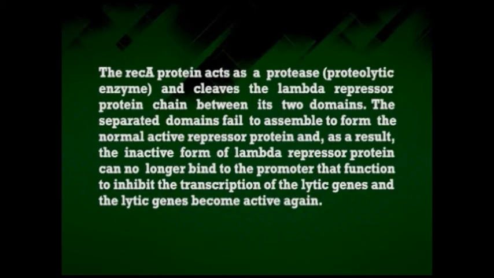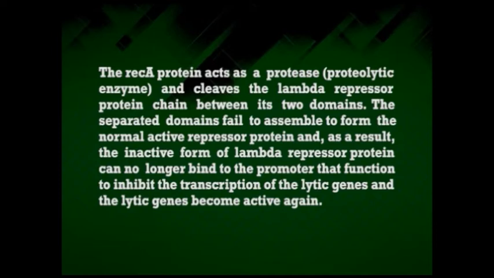The RecA gene of E. coli expresses a protein known as RecA protein. This plays an important role in genetic recombination. The RecA protein acts as a protease, that is a proteolytic enzyme, and it cleaves the lambda repressor protein chain between its two domains.